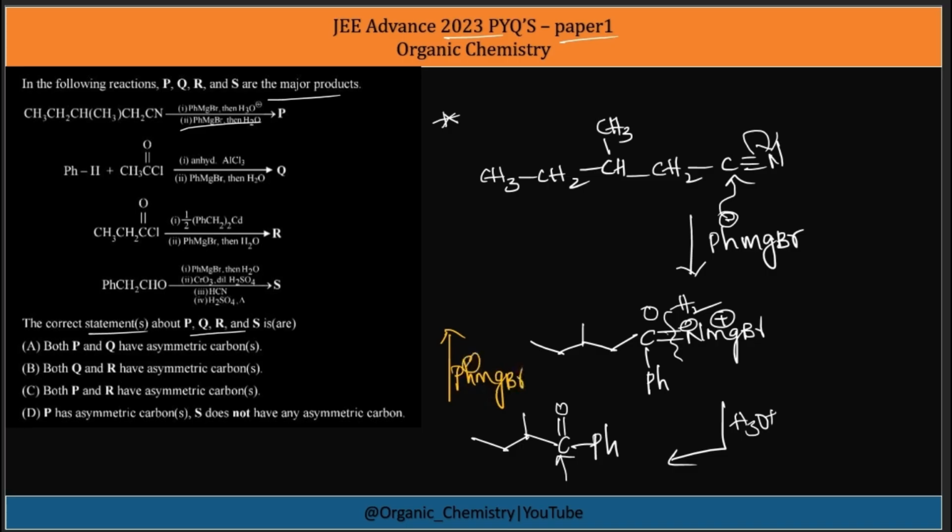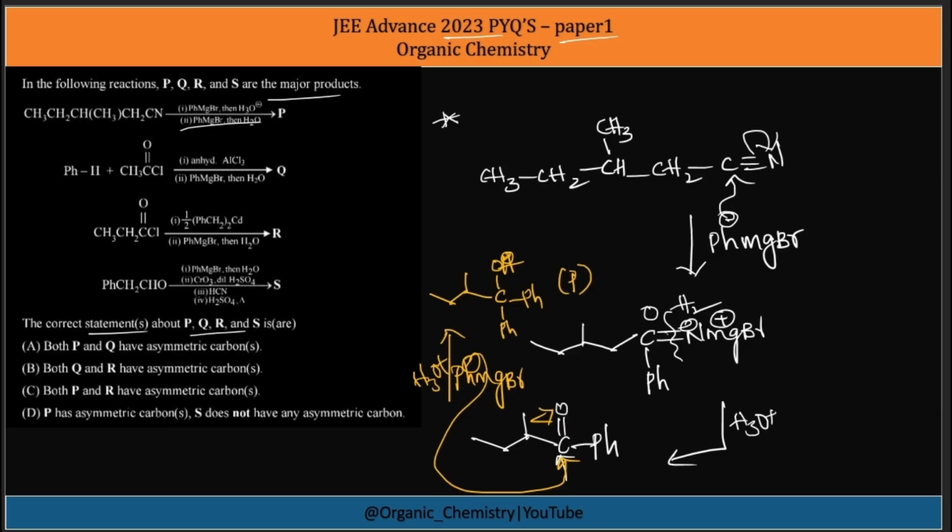This will attack on this carbonyl carbon, and then this bond shifts towards here, and then what we'll get here? CO negative, and here Ph will come, and here already one phenyl group is there. And upon hydrolysis, I'm just writing it over here itself. We'll get this OH. So this is the final product, which is P, right?